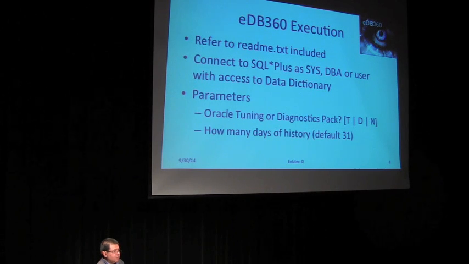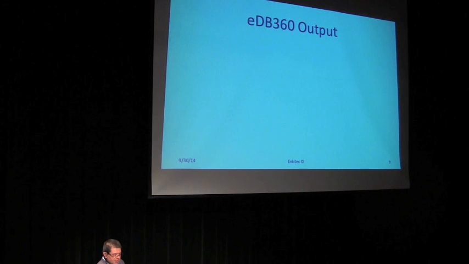By default, we have 31. And it will depend on the retention time that we have on AWR. So if we have a retention of, let's say, 1 year, then you can say here, 1 year of data, right? But if you only have a retention of 7 days, then it doesn't matter if you say 31 or 7, you get the same. Is that clear? Very easy, only 2 parameters.